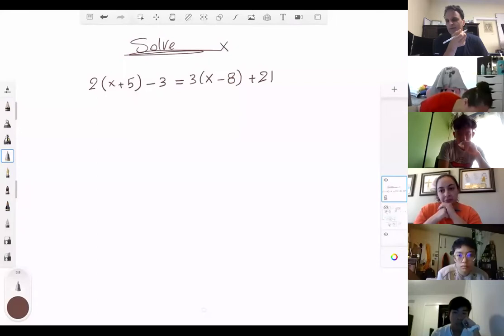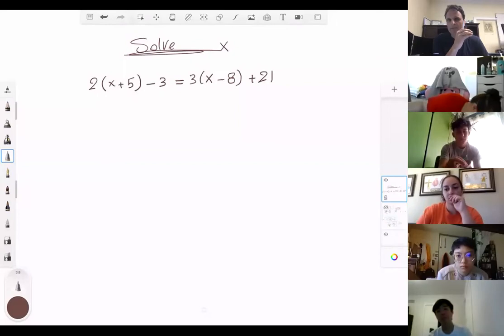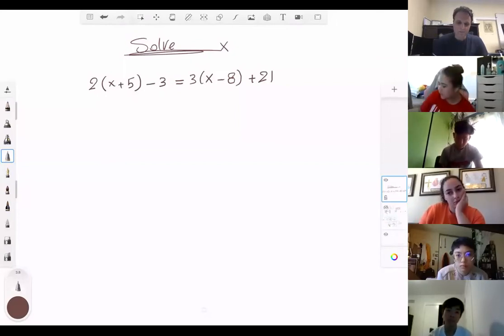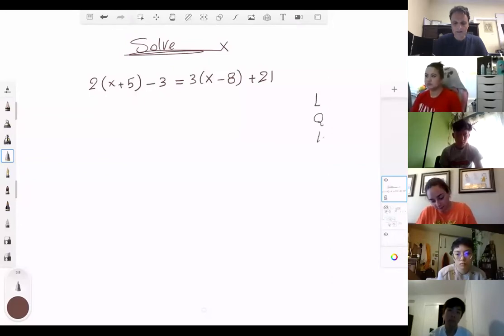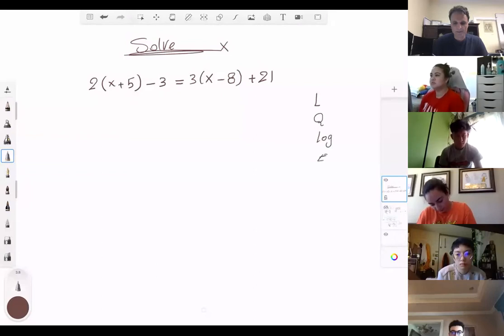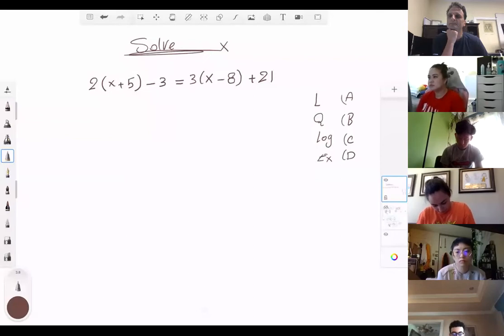Definitely a little more advanced than the first 2 questions. But what type of equation do we have? Do we have linear, quadratic, logarithm, or exponential? We'll say A, B, C, and D. Which one do you pick? What type of equation is this? Linear?